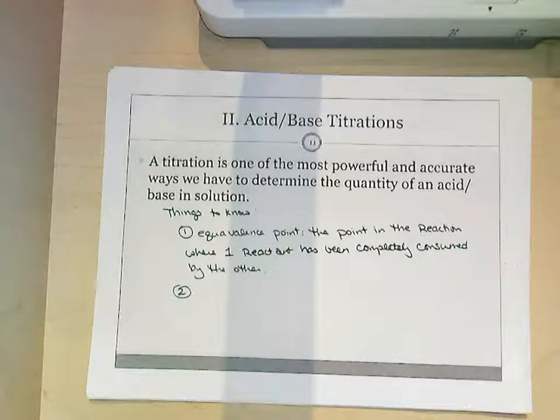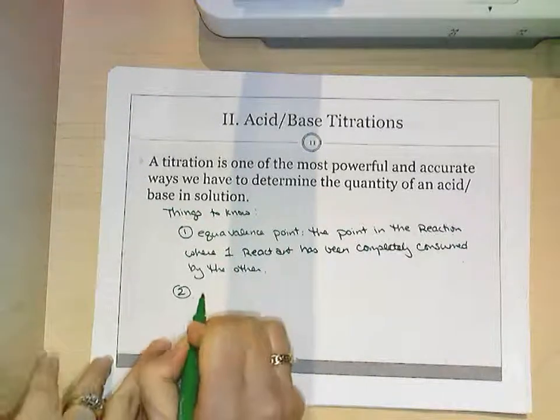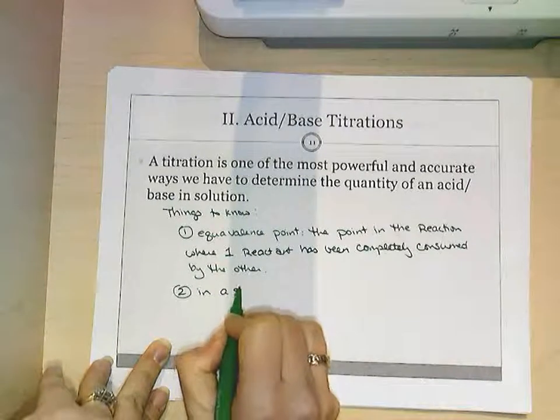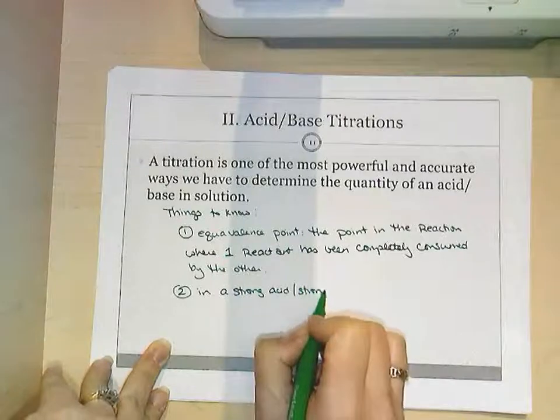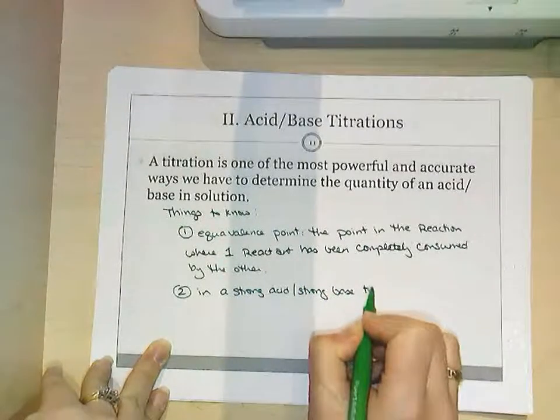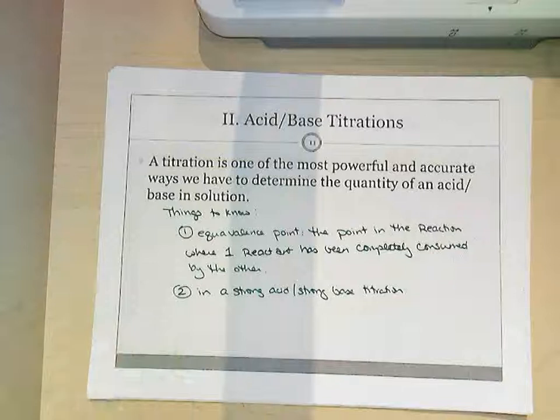So then the other thing to know conceptually about titration: let's say we're reacting a strong acid with a strong base. What are the two products that get made when I react a strong acid and a strong base?